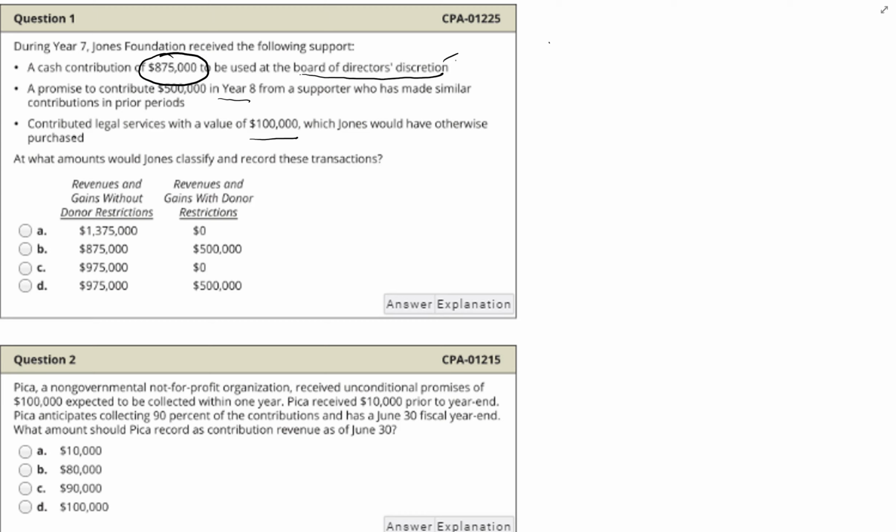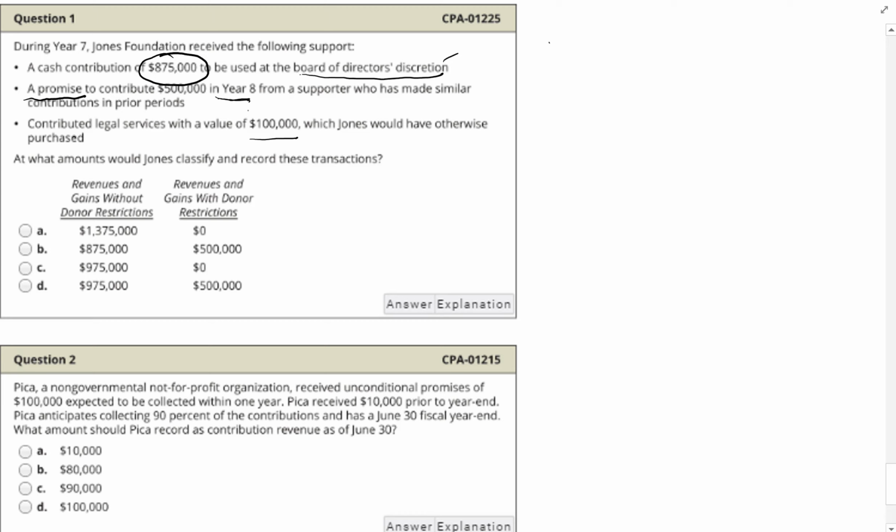Now the second item: a promise to contribute $500,000 in year 8 from a supporter who has made similar contributions in prior periods. Here it is a promise, it is not collected yet, it will be collected in year 8. We just discussed that if it is a promise or pledge, it will be considered temporarily restricted, or in the current version, with donor restrictions. Until it is collected, we call it with restrictions.